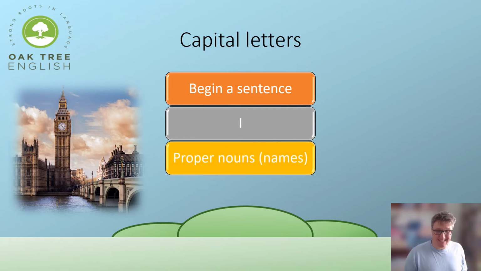Proper nouns, that's names of people: Mike, John, Paul, Ringo. Names of places, names of institutions like the University of Birmingham, U-O-B, the University of Birmingham. University of Oxford. Other universities are available. It's not called the University of Oxford, it's just called Oxford University.